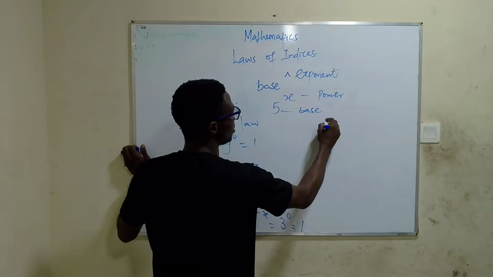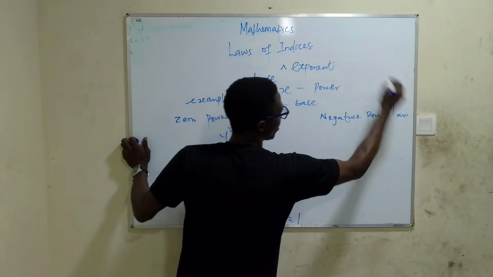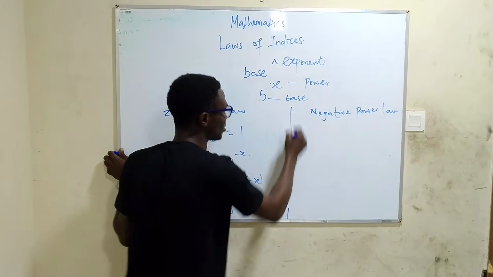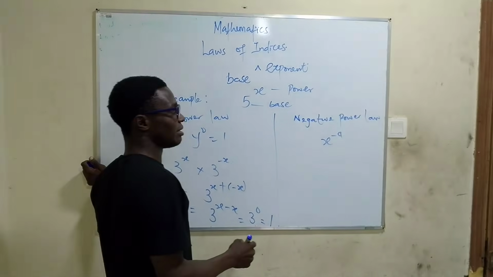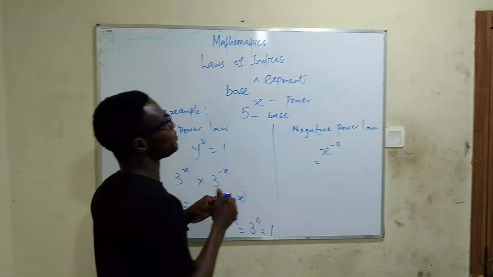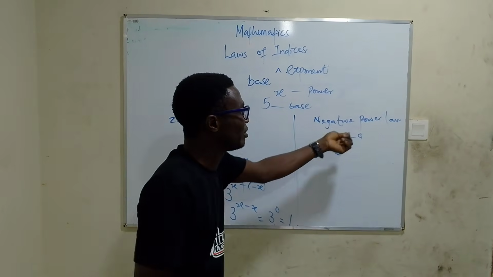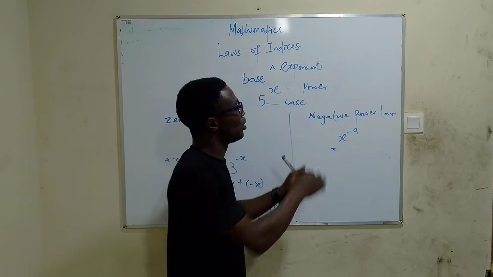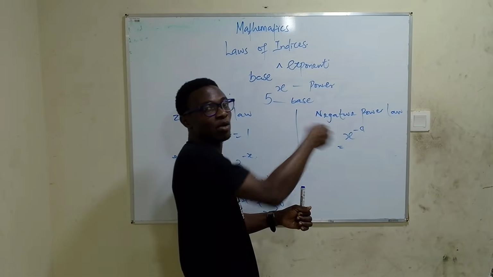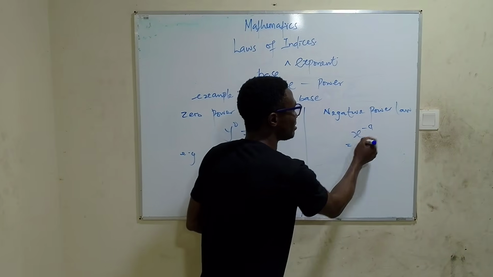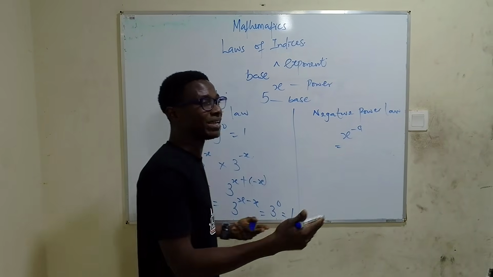The next one is the negative power law. If we have x to the power of minus a, whenever you have a number raised to a negative power, you take the inverse of the base so that the power on the base becomes positive. The multiplicative inverse of x is 1 over x, and of y is 1 over y.